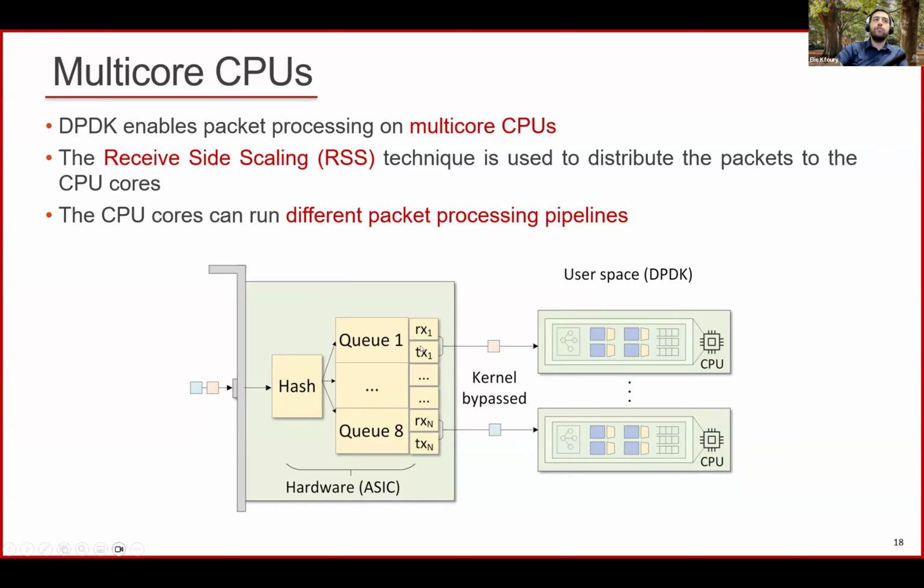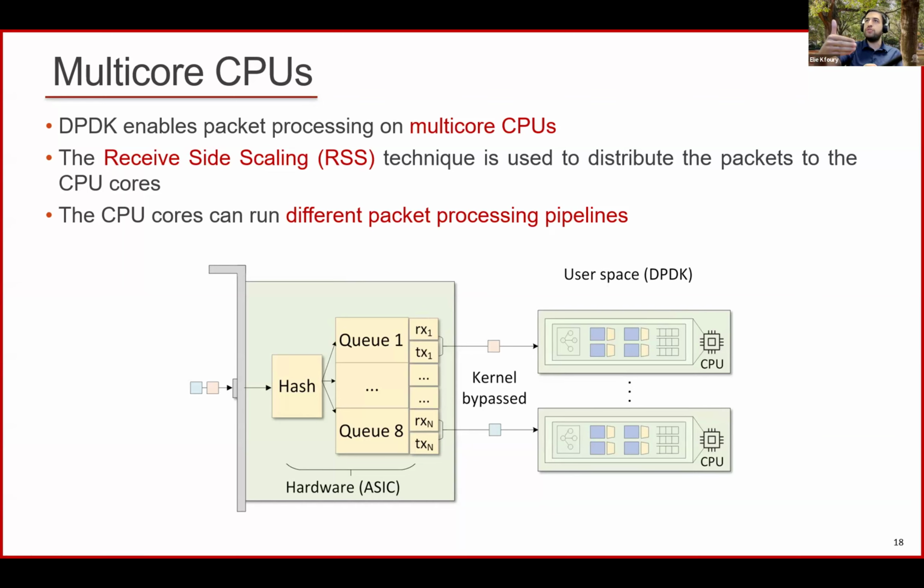Now, each of these queues would be consumed by one of the CPUs. So let's say I have 8 queues, I can have 8 CPU cores, right? Each CPU core will be just processing packets coming from a single physical queue. With that, your DPDK program, or the packet processing that you have, can be scaled to run on multiple cores.